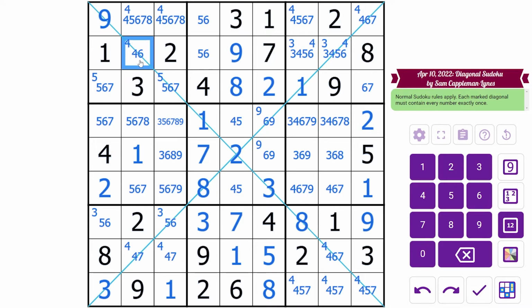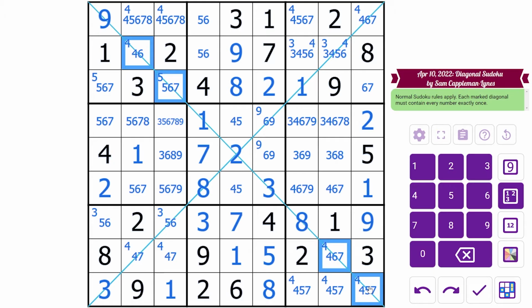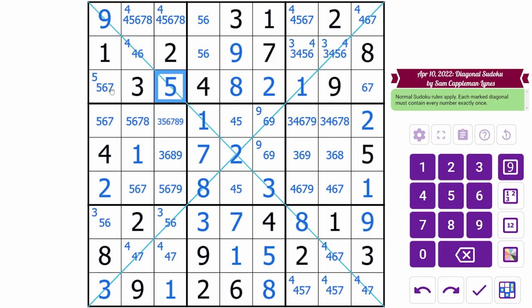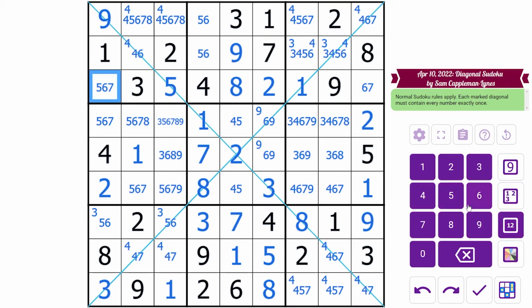And if that can't be a 5, because the 5 has to be in the bottom row, then the 5 on the diagonal, okay, can be in one of 2, no, wait, this can't be a 5. Because we have a 5 there. So 5 is only available in one spot on the diagonal, and it goes there. So this is not a 5. This is now a 6 or a 7. And we've got a 5, 6, 7 triple there.